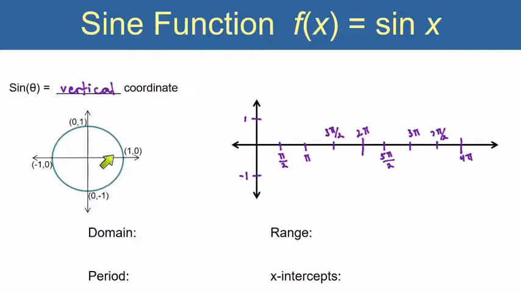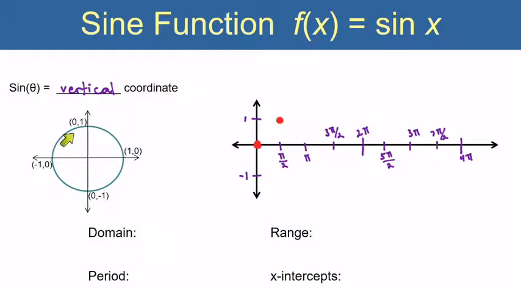Okay, now we'll imagine an angle traveling around the unit circle, and we're thinking about the y coordinate because we want to think about the sine of this angle. As we start at 0 radians, the y coordinate is 0, so we'll put a dot at a sine value of 0. Then as the angle grows to pi over 2, the y coordinate is 1, so we graph a 1. At pi over 2 radians, we have a sine value of 1.